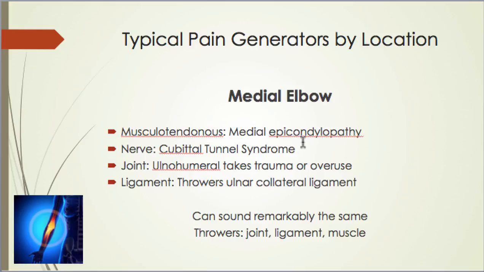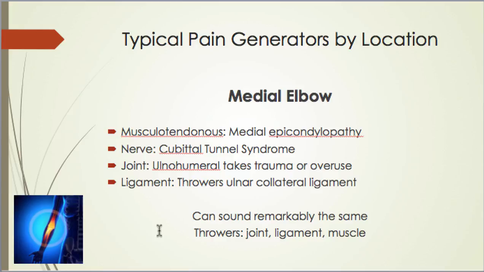In later stages, as I said before, you can have referred pain down the arm towards the wrist from compression of the ulnar nerve here. The ulnohumeral joint, like I said, is a congruent joint. It's very tight. Therefore, it usually takes trauma or overuse, like a baseball pitcher, to create a problem there.